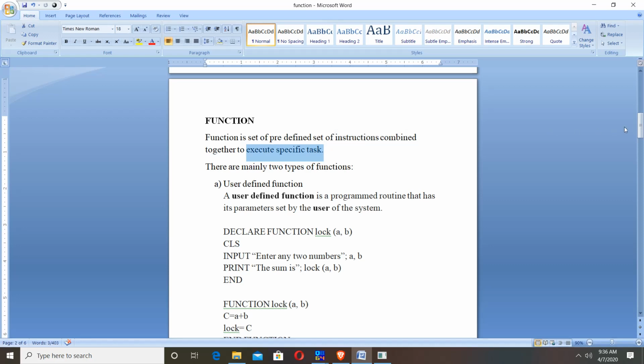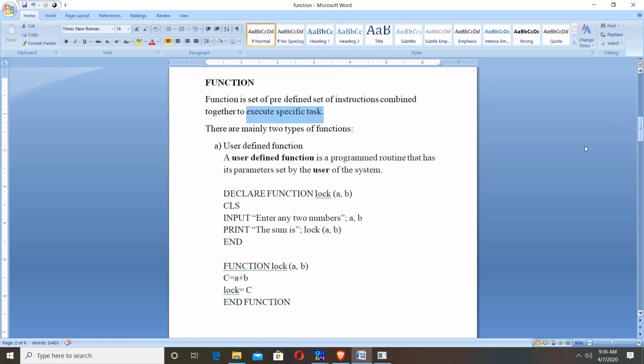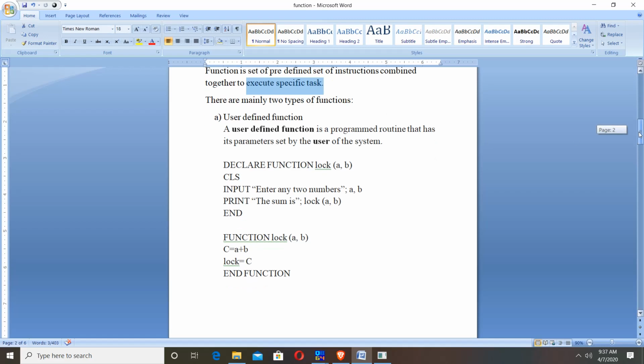Mainly there are two different types of function. The first one is the user defined function. As we have already said, a function is a set of predefined instructions. In case of a user defined function, the function is defined by the user.